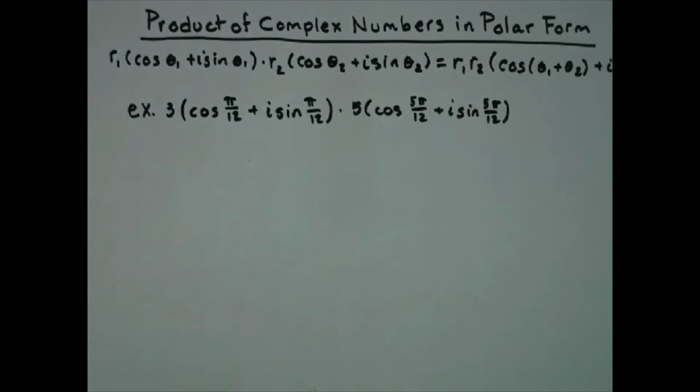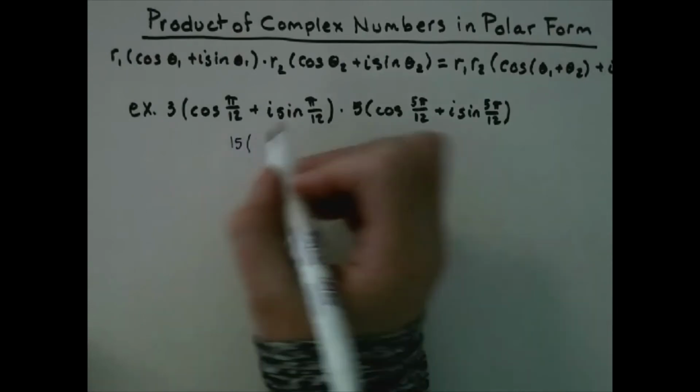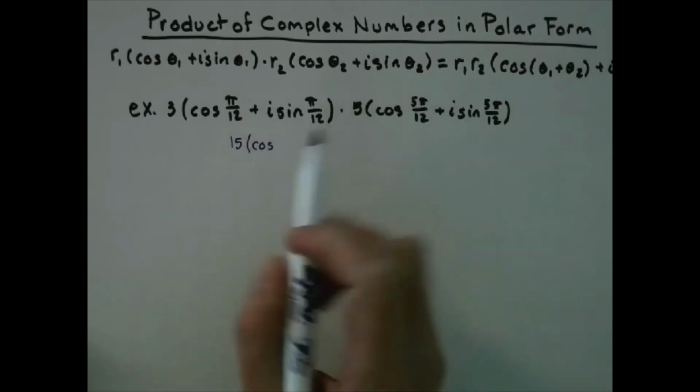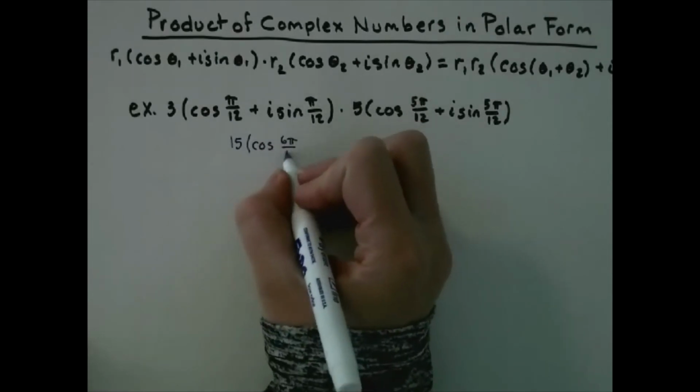All right, so again, we're going to multiply the two r's, 3 times 5, and add the thetas. So pi over 12 and 5 pi over 12 is 6 pi over 12.